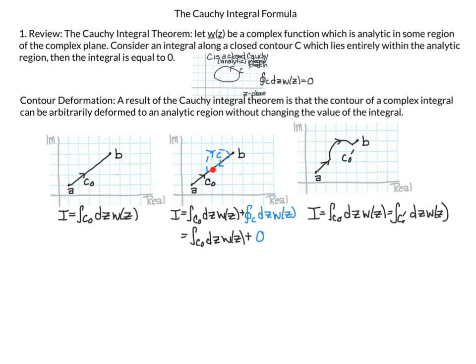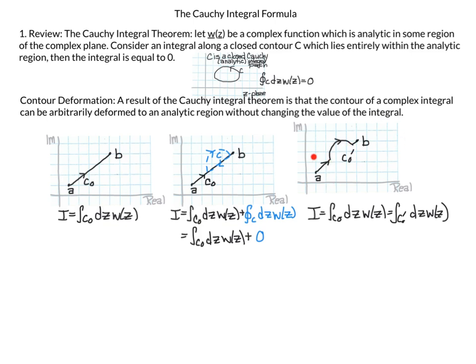And I made my direction of c in the intersection go in the opposite direction that my c naught goes in. So what ends up happening is for this portion where the blue and the black curves intersect, the integrals are equal except that the blue integral is going to be the negative of the black integral. So when I add these two together, the portion that intersects gets canceled out.